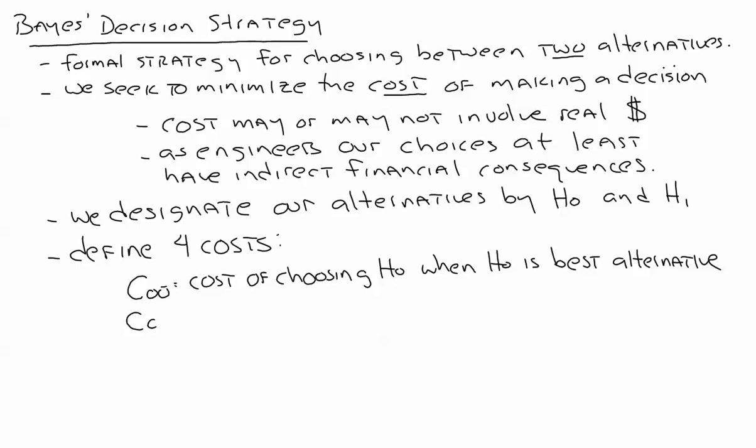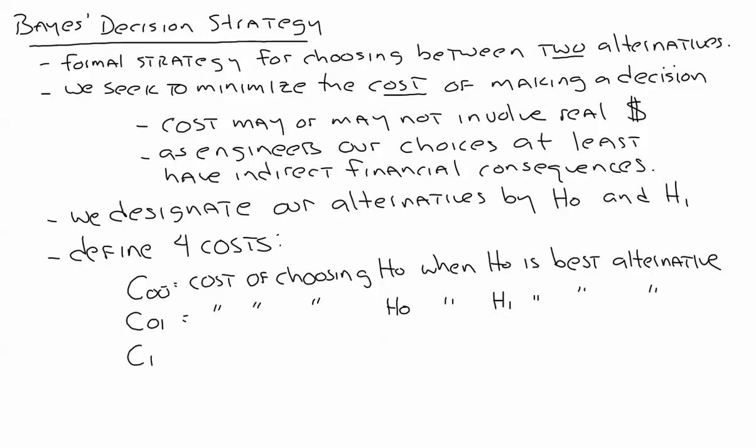C sub 0,1 is the cost of choosing H sub 0 when H sub 1 is the best alternative.